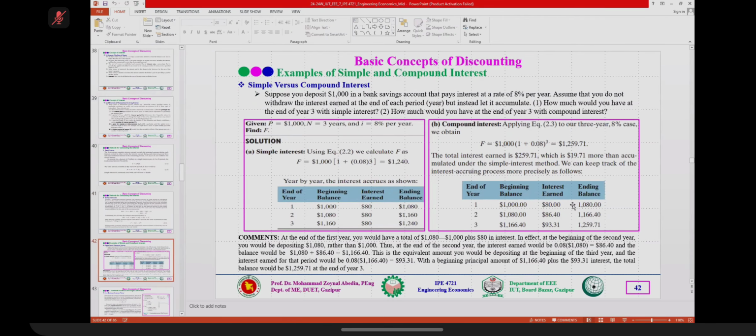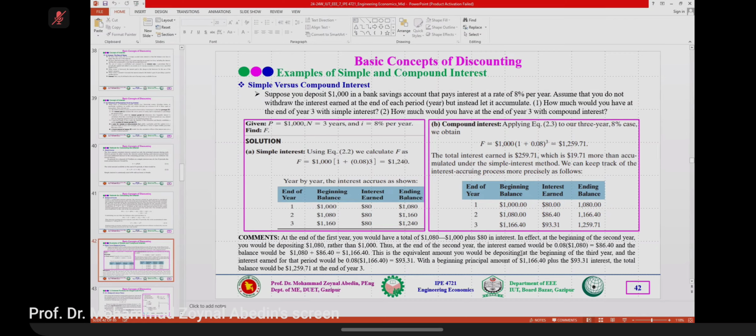Okay, let's have an example of simple and compound interest. Simple versus compound interest, very carefully mind it. Suppose you deposit $1,000 in a bank savings account that pays interest at a rate of 8% per year. Assume that you do not withdraw the interest earned at the end of each period, but instead let it accumulate.